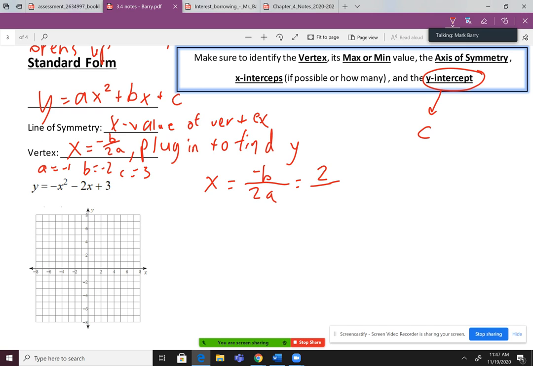If it's negative, you make it positive. And then this is over 2 times -1. So we get 2 divided by -2, which is just -1.